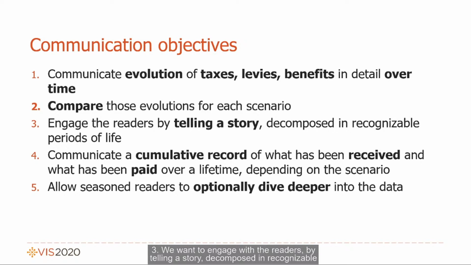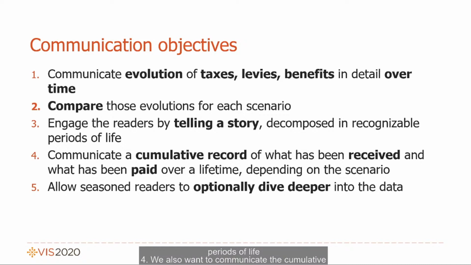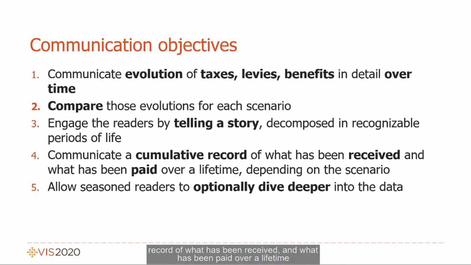We want to engage the readers by telling a story, decomposed in recognizable periods of life. We also want to communicate a cumulative record of what has been received and what has been paid over a lifetime. And fifth, we allow seasoned readers to optionally dive deeper into the data.